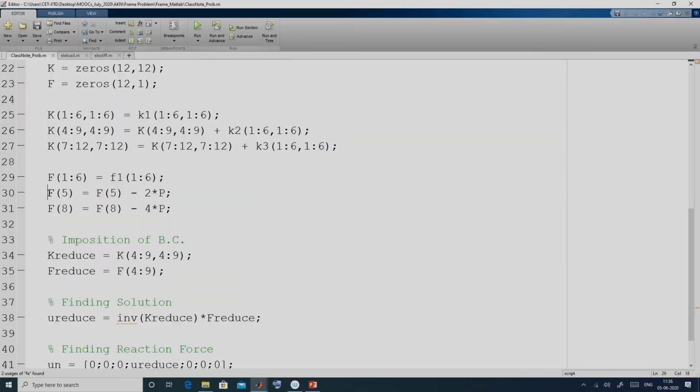We add these point loads in the proper position of global F. This is done here.